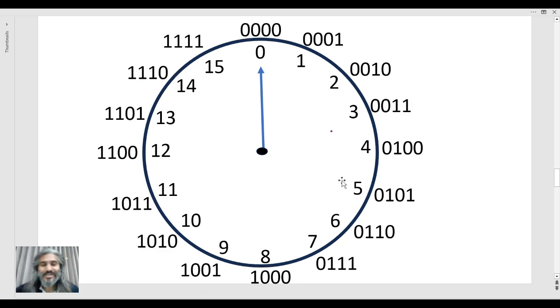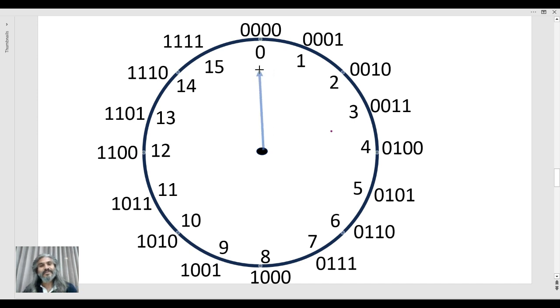So here is our big transition from decimal to binary representation of numbers. The clock now has more numbers. Instead of 12, we have 16 numbers, because that would be a nice power of 2, and that's the usual way in which we represent numbers in digital computers, right?